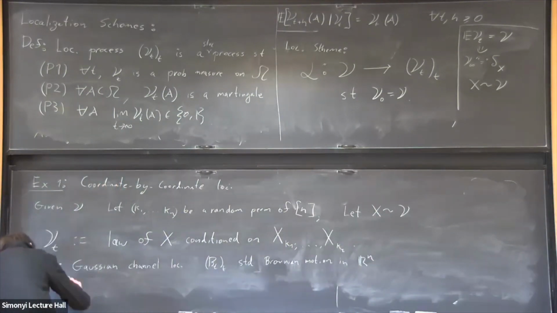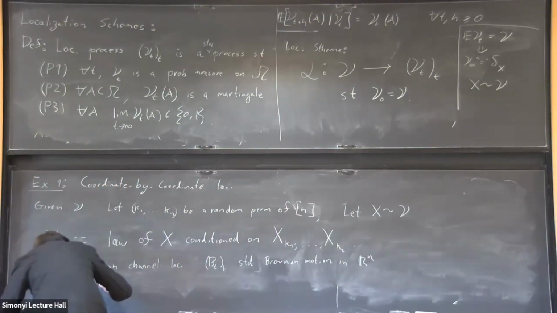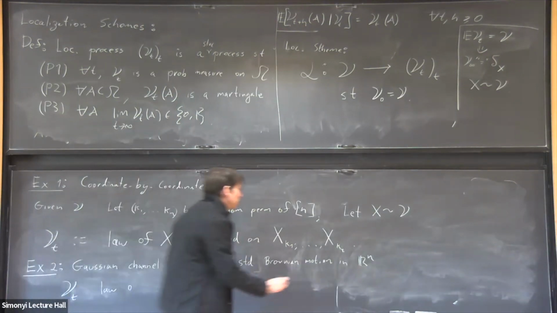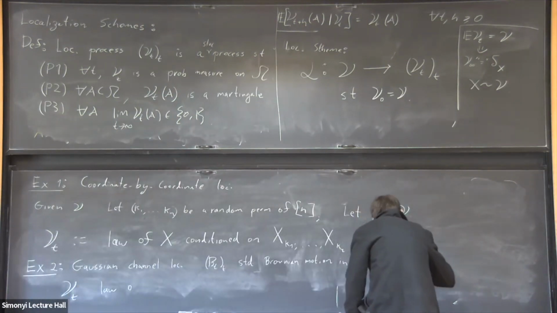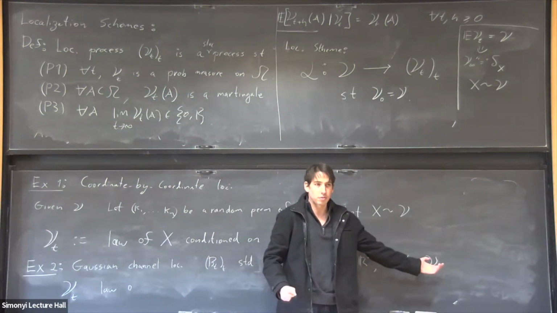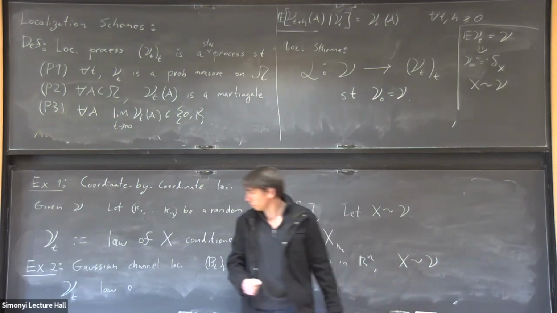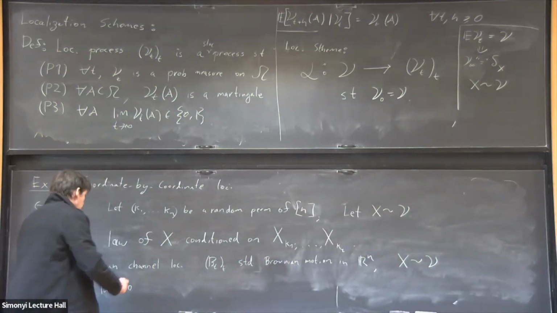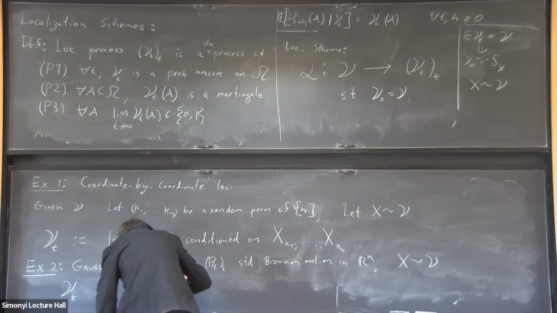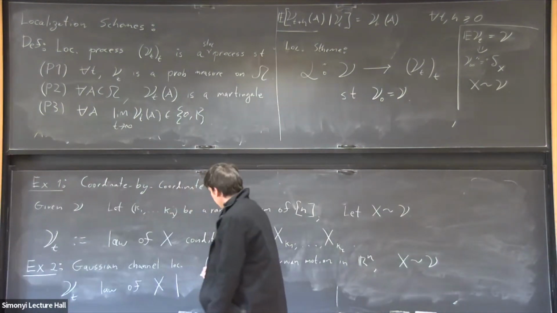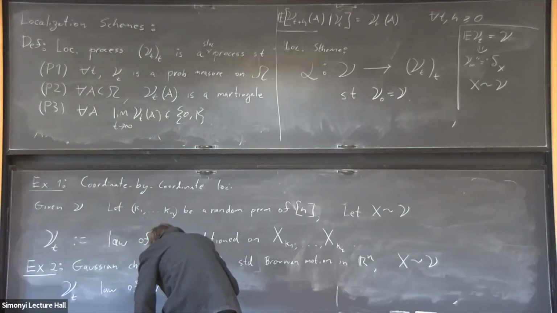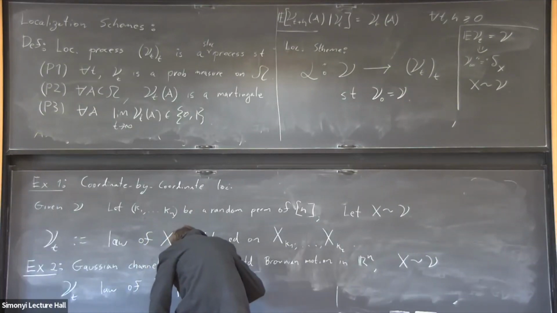Define mu_t to be the law of x, where independently we take a random point according to nu, and let mu_t be the law of x conditioned on the following thing: t times x plus B_t.